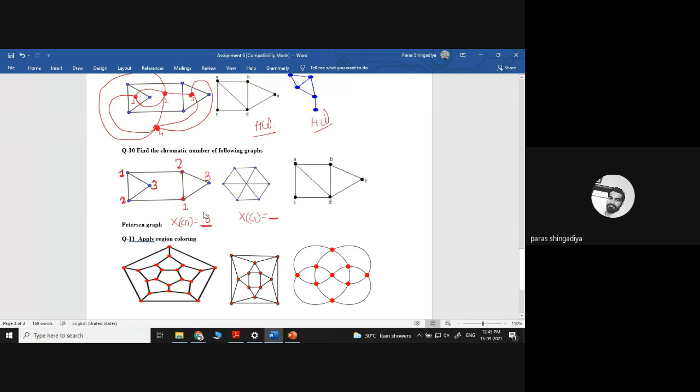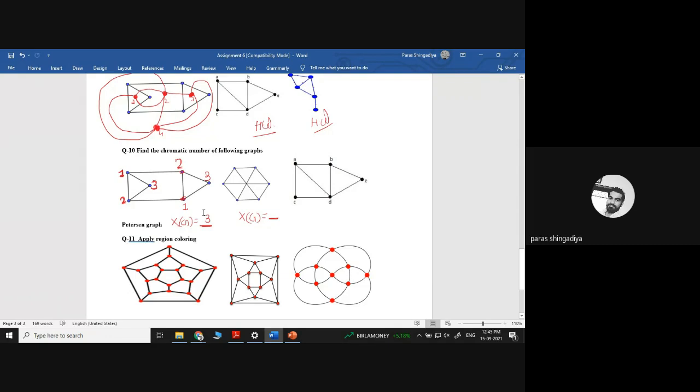Is it clear how to check the chromatic number? Do any of you have any doubt in vertex coloring? Have you any confusion?